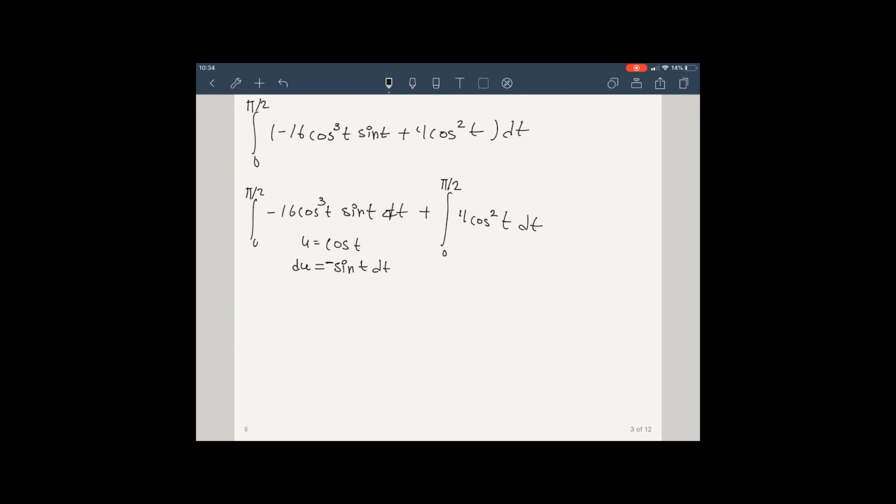Should be negative. And switching the limits of integration, u of pi over 2 gives me 0, and u of 0 should give me 1.